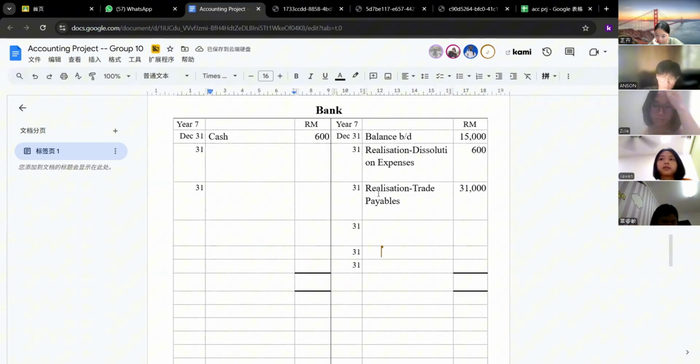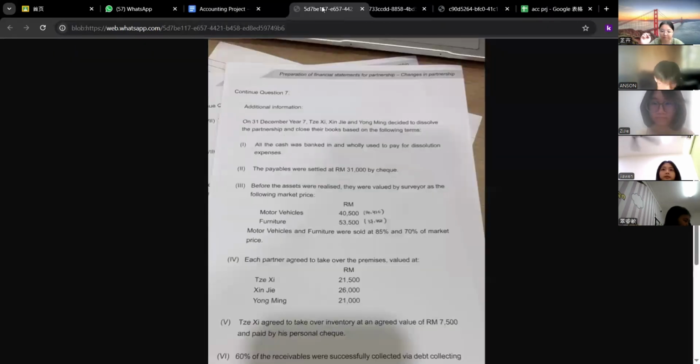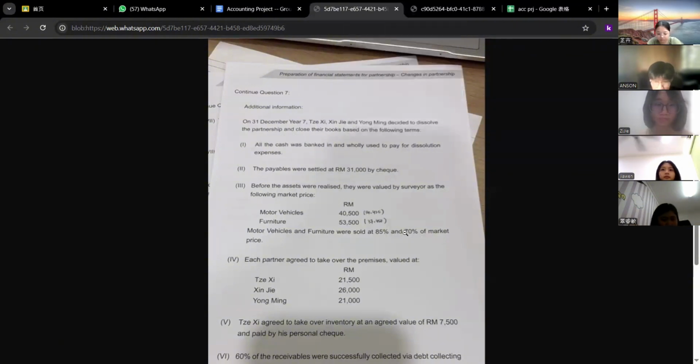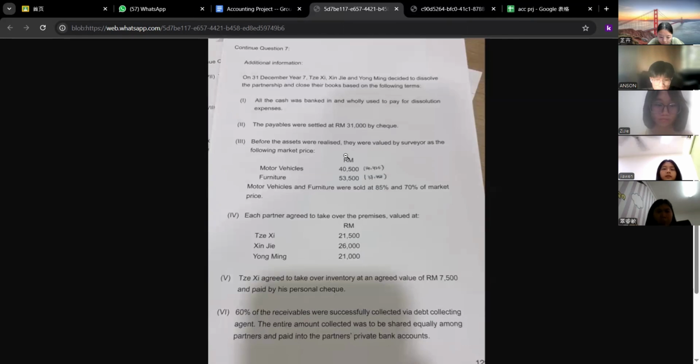And then the third one is: before the assets were realized, they were valued by a surveyor at the following market price. As we can see, motor vehicles is worth 40,500, furniture is 53,500, and it says motor vehicles and furniture were sold at 85% and 75% of market price.